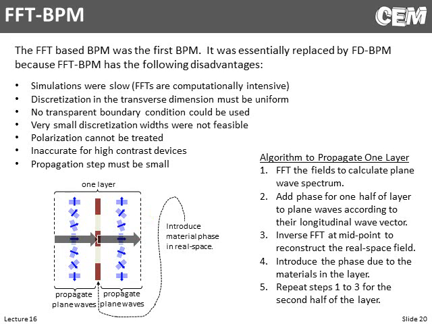So it really is: you FFT the field, propagate half a cell, inverse FFT, incorporate the phase, FFT back and propagate. Inverse FFT, incorporate phase, FFT, propagate. And that algorithm repeats all the way through your grid.